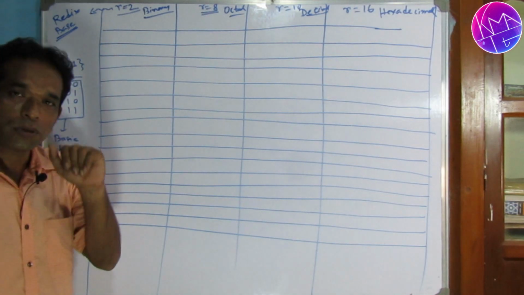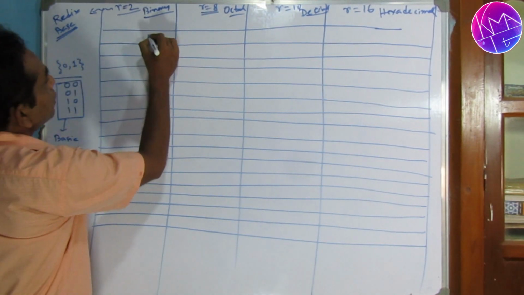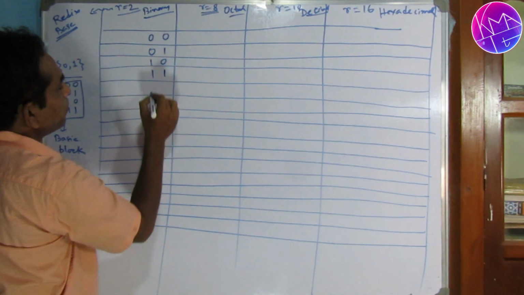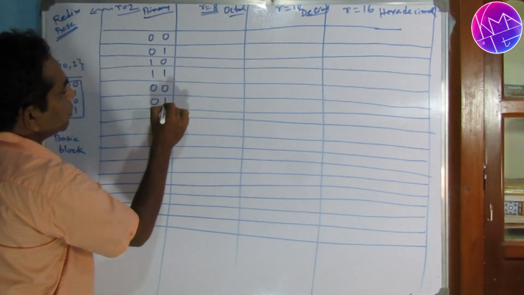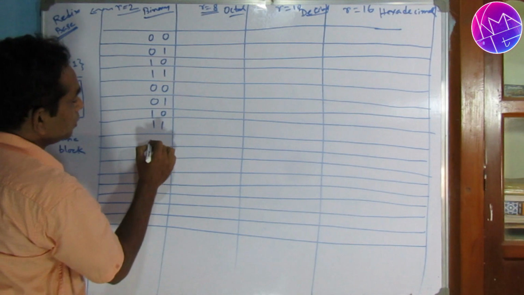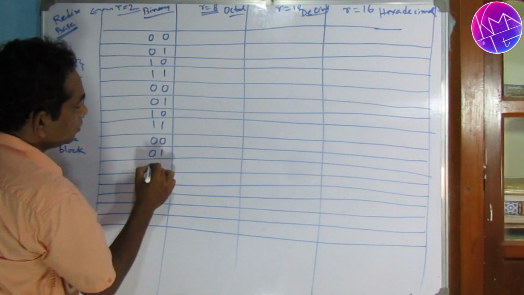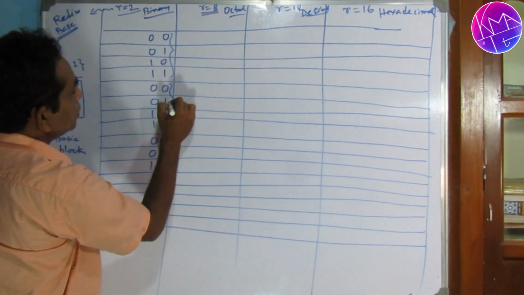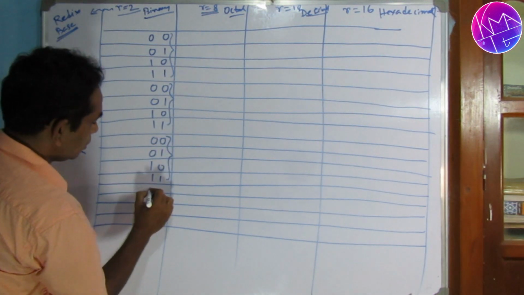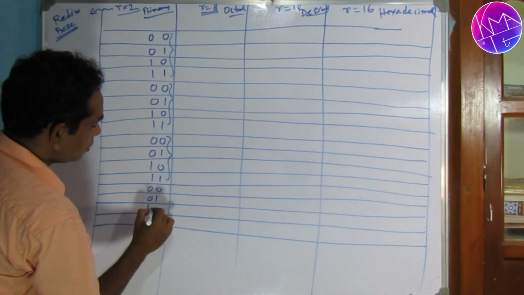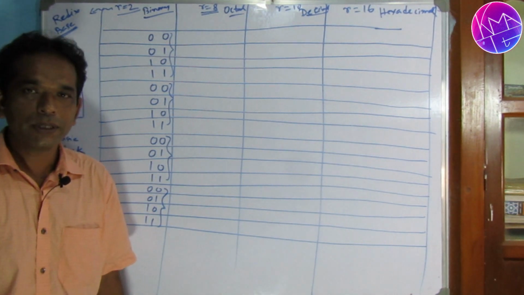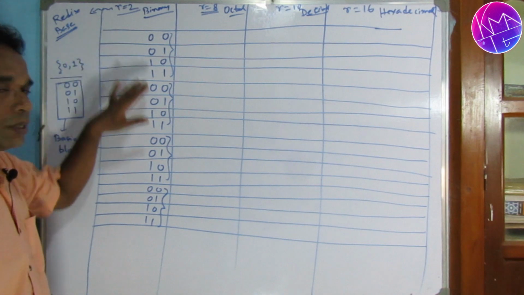How many times? 4 times. So let us write it. 00 01 10 11, 00 01 10 11, 00 01 10 11, 00 01 10 11. So this is 1, this is 2, this is 3. So we have written 4 times. Okay, the same thing we have repeated.